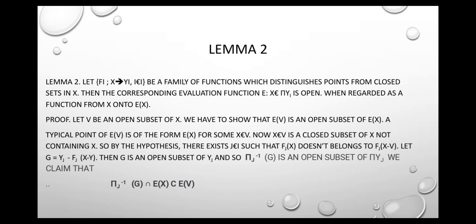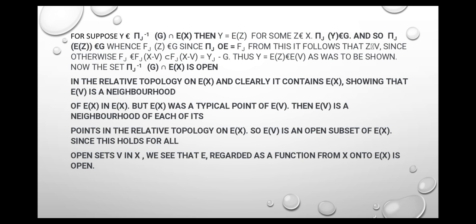Let G be equal to Y_j minus the closure of f_j of (X minus V). Then G is an open subset of Y_j and so the inverse projection of G, pi_j inverse of G, is an open subset of the product of Y_j. We claim that pi_j inverse of G intersection E of X is contained in E of V.